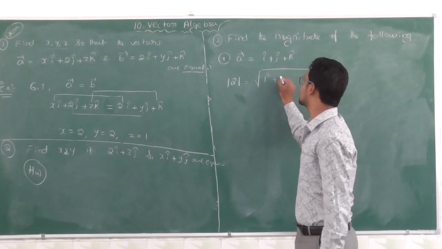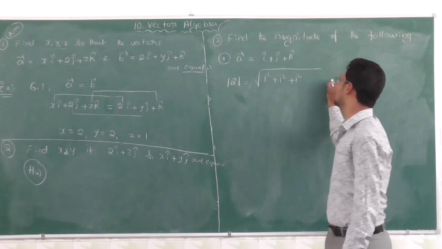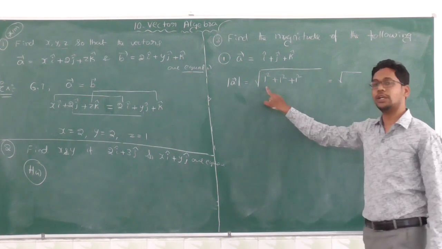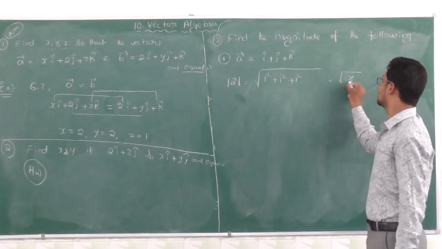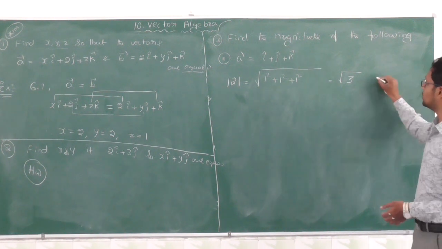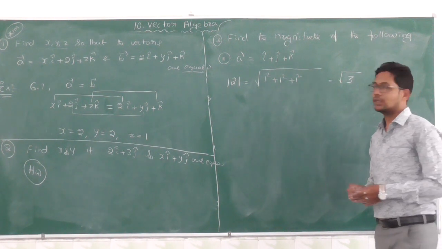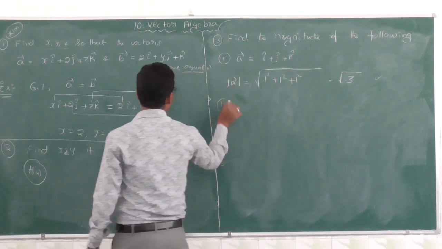That is square root of 1 plus 1 plus 1, which is square root of 3. Therefore, magnitude of A is root 3.